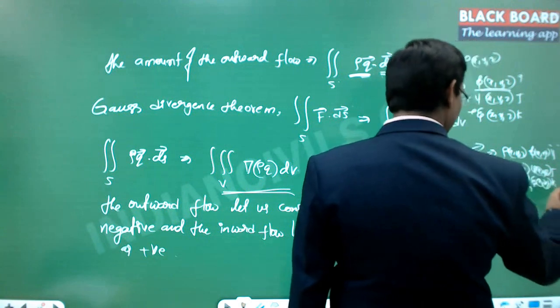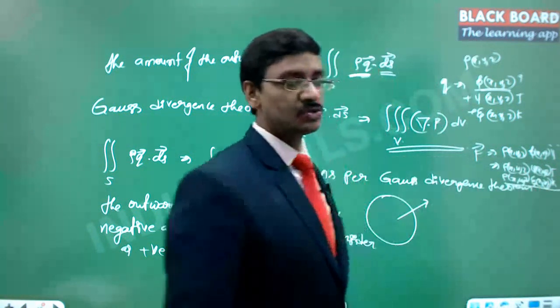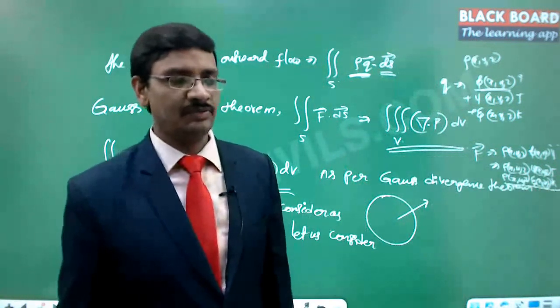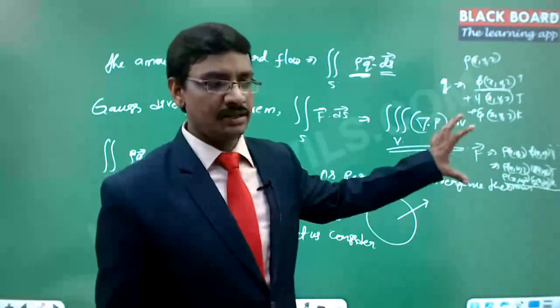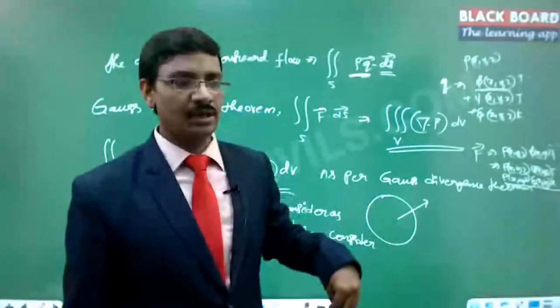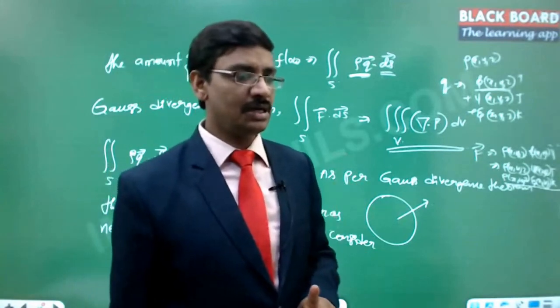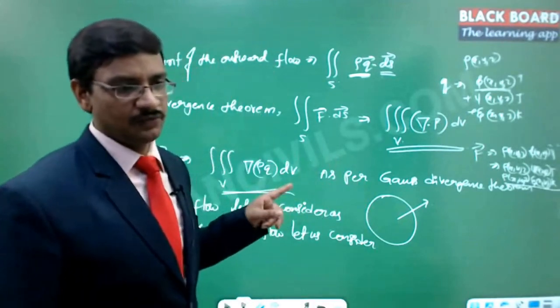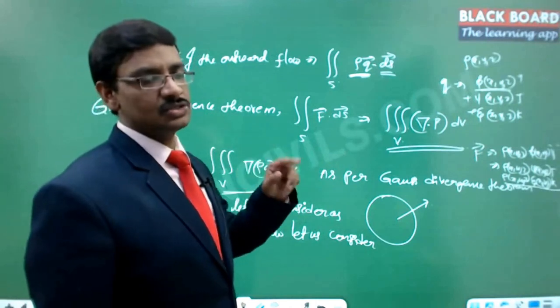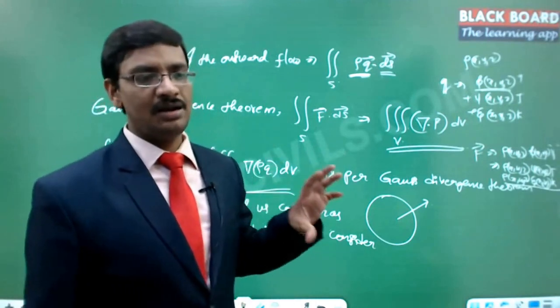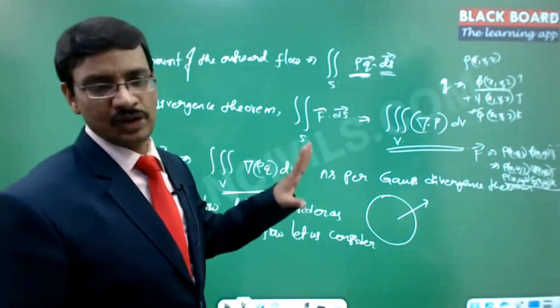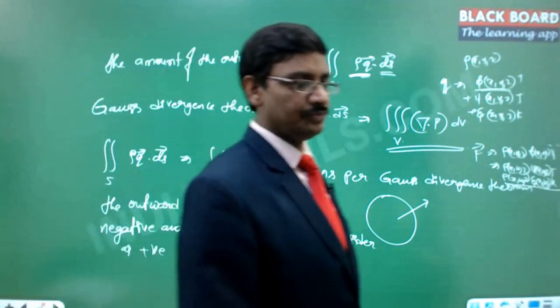Now see this, how the vector is getting changed, because rho is a function of x, y, z. Hence that entire thing you have to take care of to apply the Gauss divergence theorem, because the Gauss divergence theorem states that if there is a vector function f with dot ds, then that is going to be, you need to take it as del dot f. So that we have to take care of. I hope you understood.